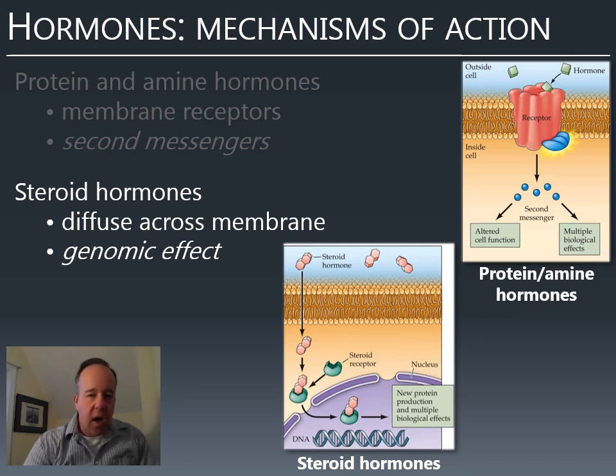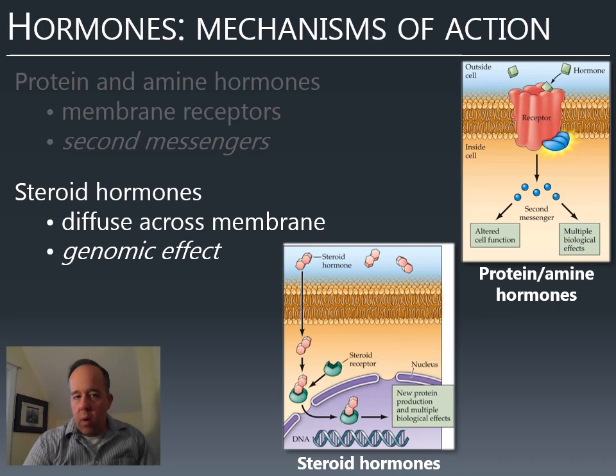This takes a long time, and sort of like the distinction between ionotropic and metabotropic receptors, we have a distinction between different time scales on which hormones can work. At the beginning we saw that being hungry or being full is mediated by hormones. And while that is longer than neural signaling, it might take minutes, it's still much quicker than the process of overall body growth or sexual development.